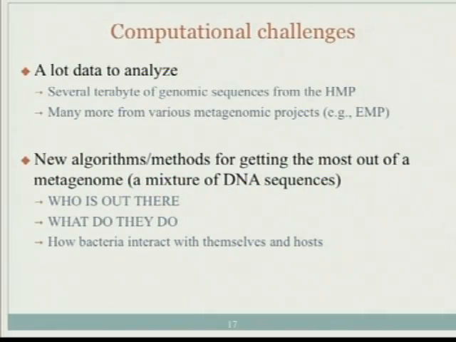And there are different analysis challenges. Once you get a lot of those 16S or shotgun reads, the first problem is that there's so much data. I have servers, but each time they always reach 100% full.